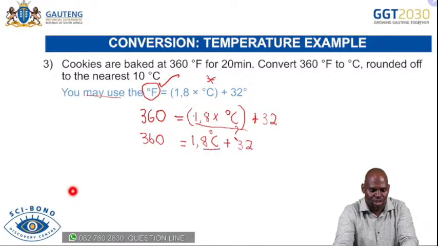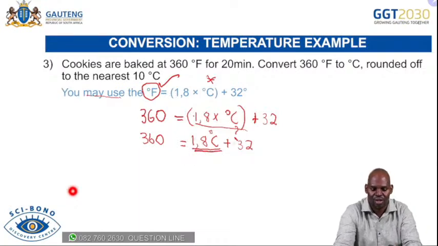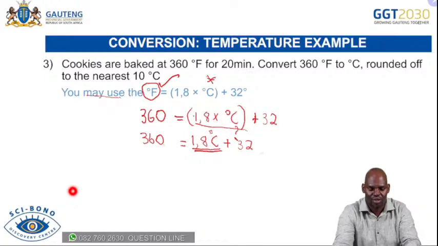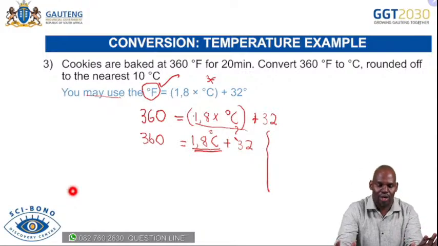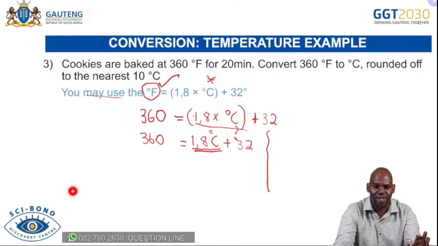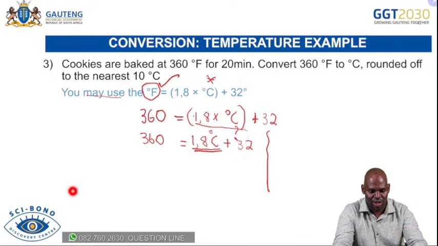We need to keep 1.8 degree Celsius on its own, so we have to remove this and take it to the other side. It will be much easier if you take 32 to the other side.